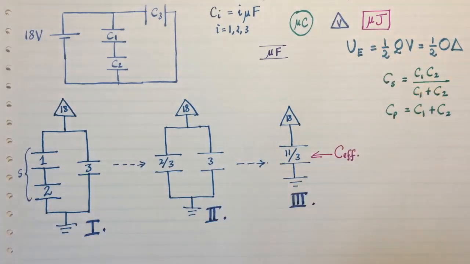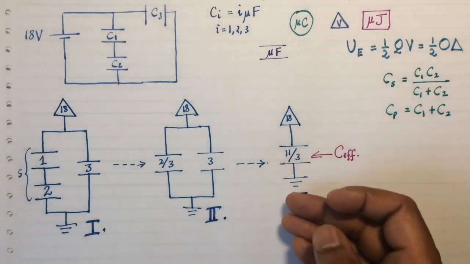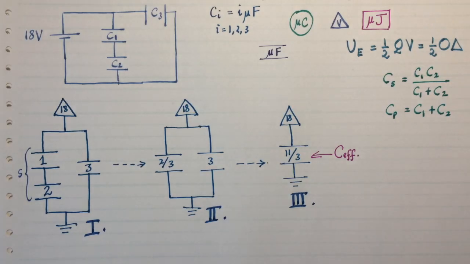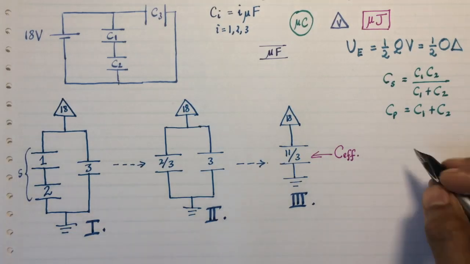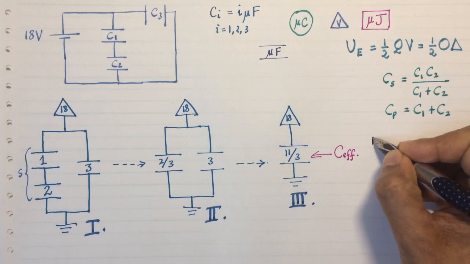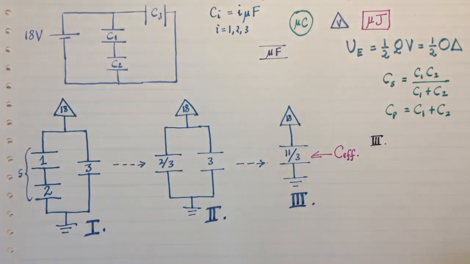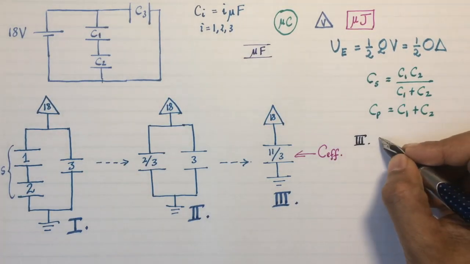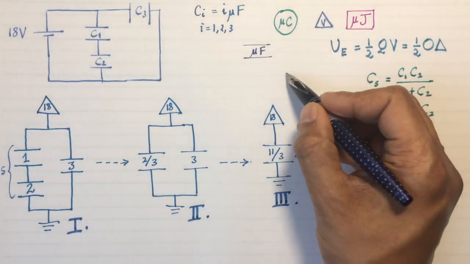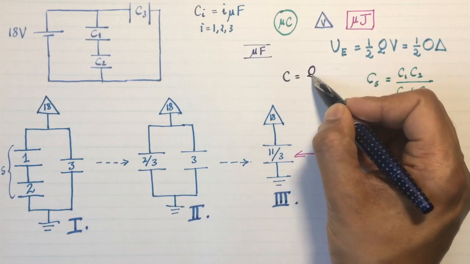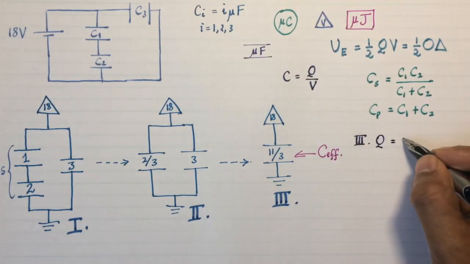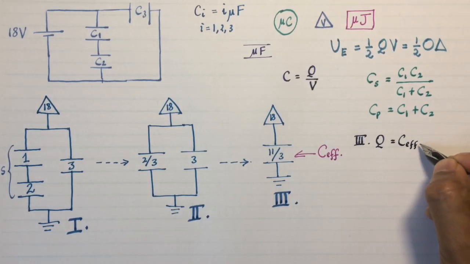So from this completely pruned picture, that's like the Charlie Brown Christmas tree with just one ornament, now what we can do is analyze the third Roman numeral. So I get from the basic equation, remember, capacitance equals charge by voltage. And that means charge is equal to the effective capacitance times the voltage.